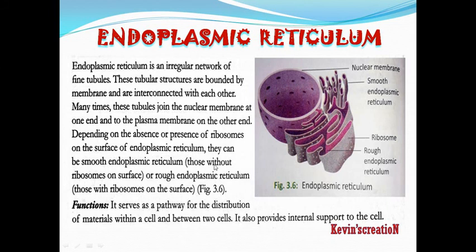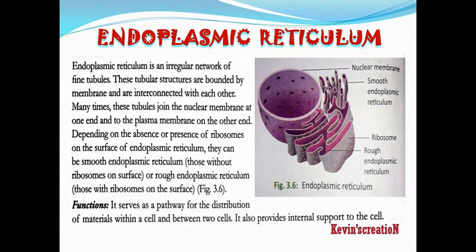Those without ribosomes on the surface are called smooth. If they are there, they are called rough endoplasmic reticulum, because these are the endoplasmic reticulum with ribosomes on their surface. So two types are there.